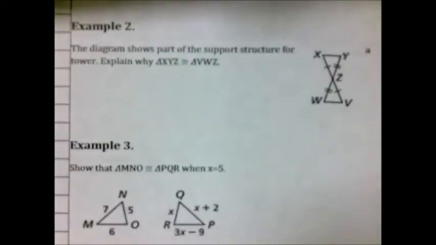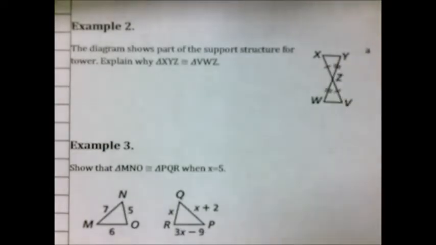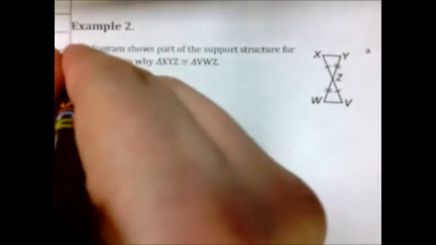All right, same type of deal here for example 2. It says that the diagram shows part of the support structure for the tower. We need to explain why triangle XYZ is congruent to triangle VWZ. Okay, so why are these two triangles congruent? So first, let's put down what we're given.